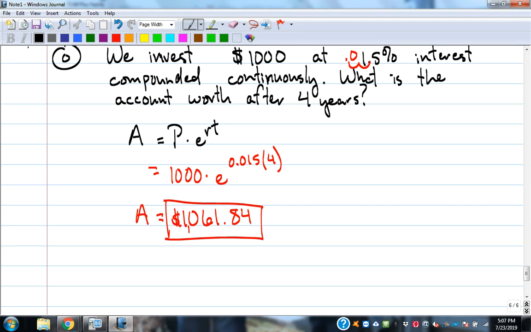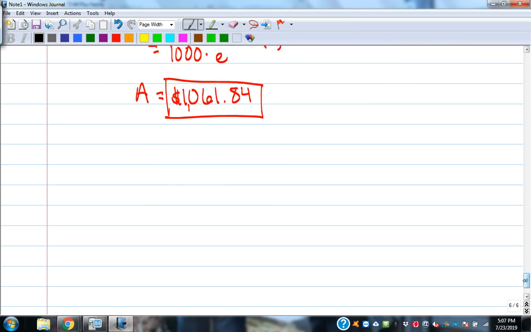So same idea. If you were asked to find the principal investment you needed, it's going to be a division problem to solve. Let's do one of those.